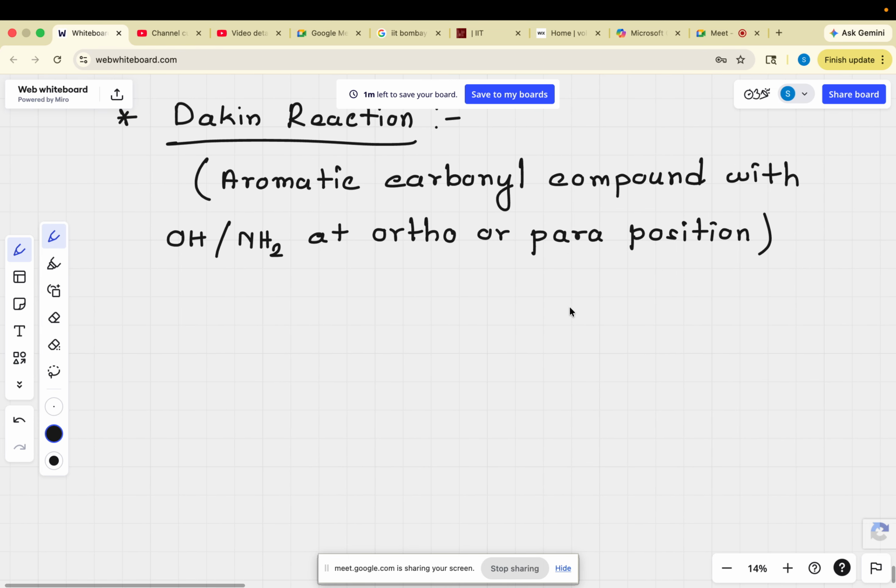Ortho or para position. Aromatic carbonyl compound with OH or NH2 at ortho or para position.